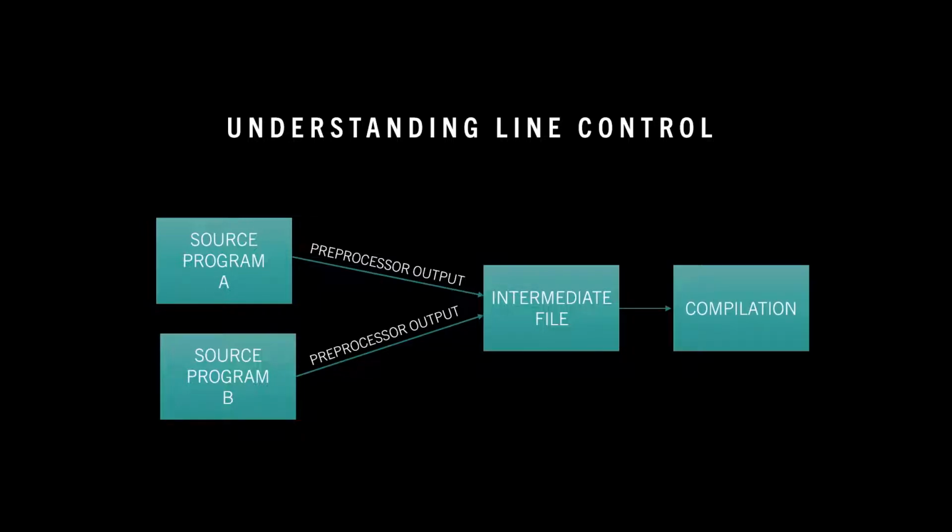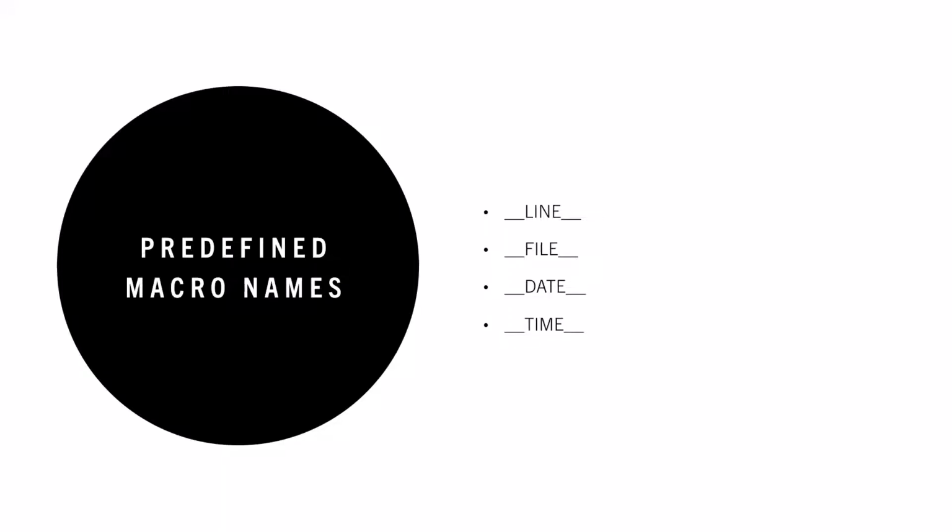Now, as you can understand, the line numbers are going to change, and it is the line directive that actually changes the values of these predefined macro names. We have __LINE__, __FILE__, __DATE__, and __TIME__. And the line directive will change the contents of __LINE__ and __FILE__.